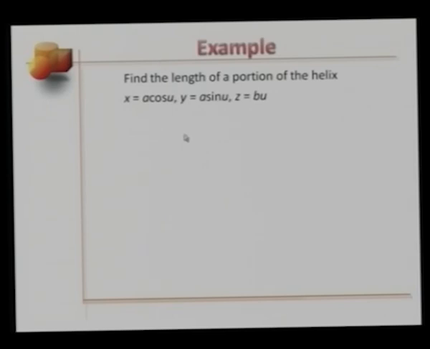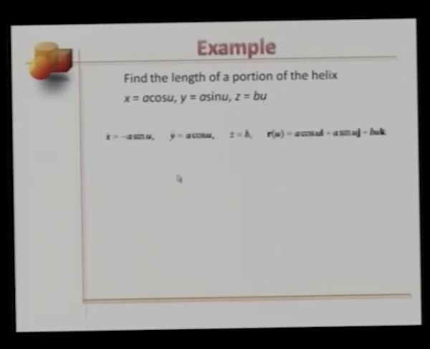Find the length of a portion of the helix given by x equals a cosine of u, y equals a sine of u, and z equals b times u. a is the radius of the helix, b is related to the pitch, and u is the parameter.